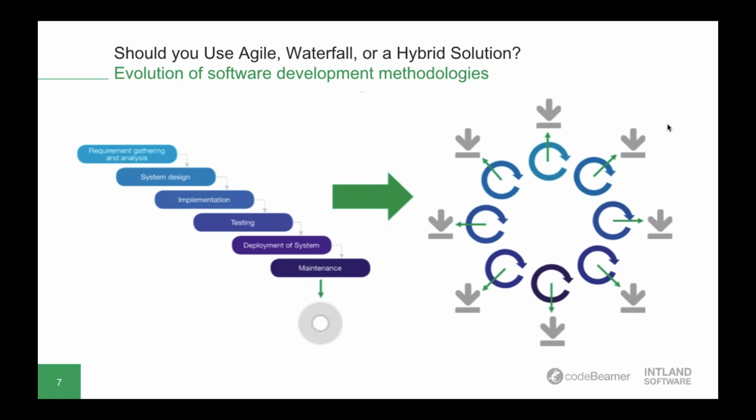Back when releasing a new piece of software meant creating thousands or millions of copies on CDs, the result of a waterfall life cycle would be a golden disk. And this is essentially one single disk that contained a final version of the product to be released. And this disk would then be multiplied in the thousands or even millions.